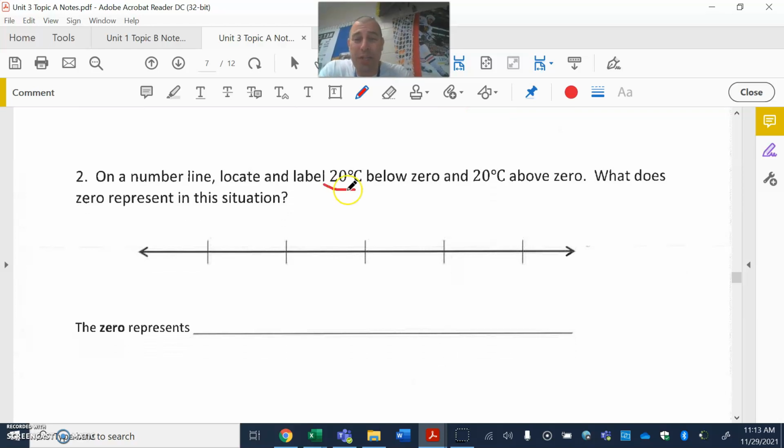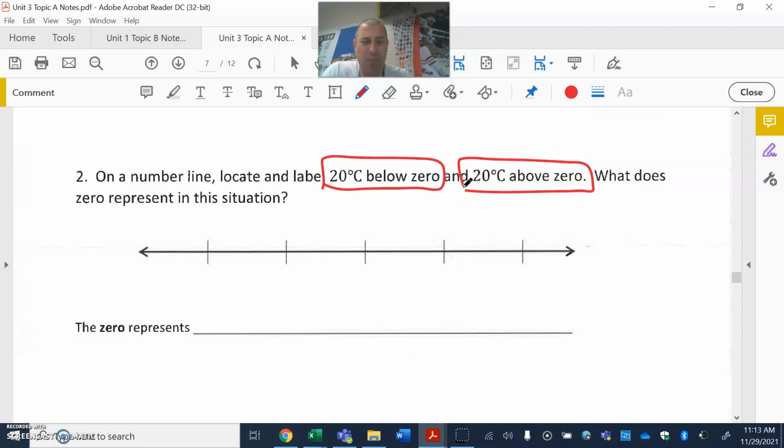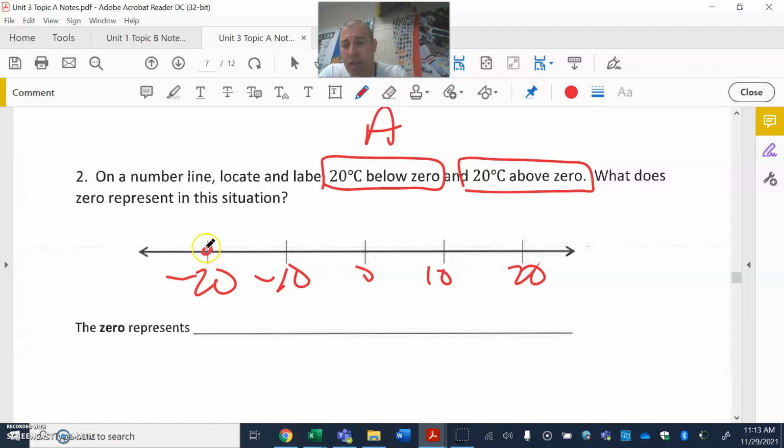Here we go. 20 degrees Celsius below 0 and 20 degrees Celsius above 0. Scale-wise, I'll count by tens because of what they've given me. I put my 0 in the middle, then 10 and 20, negative 10 and negative 20. The below 0 point, they didn't tell me what to use, so I'm going to call it A, with the letter above the point.